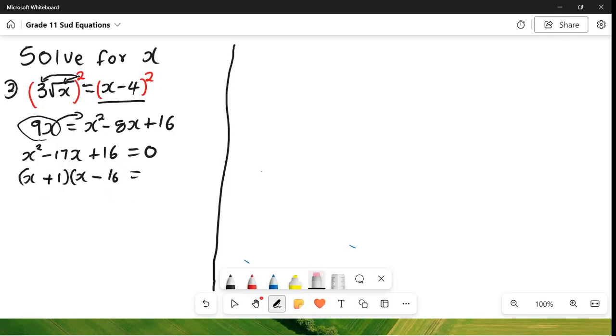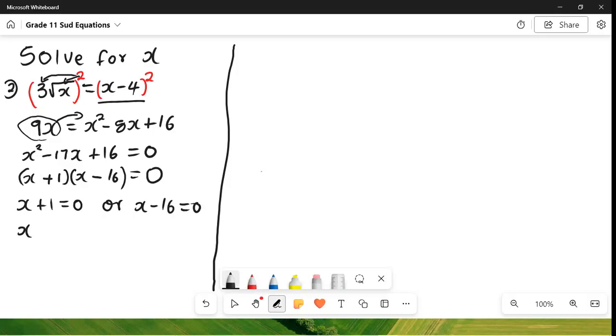So here is the thing. Let us put the bracket back. Do not forget to equate to 0. Then our x plus 1 equals 0, or x minus 16 equals 0.